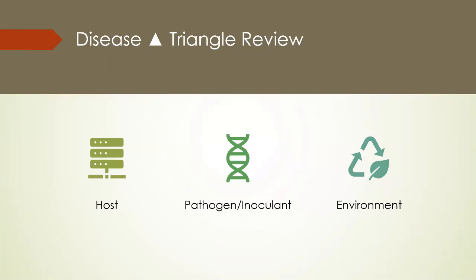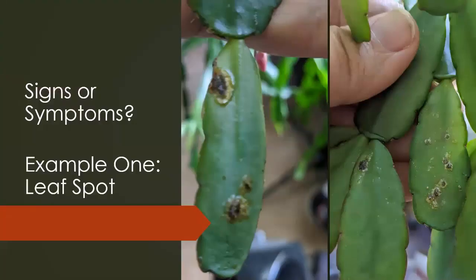But in gardening, we can also control the host a little in that we can sometimes purchase resistant varieties, or we can rotate our crops so that the pathogen can't get a hold of the area for reproduction and break the cycle.